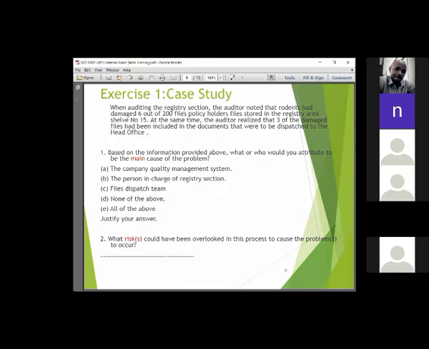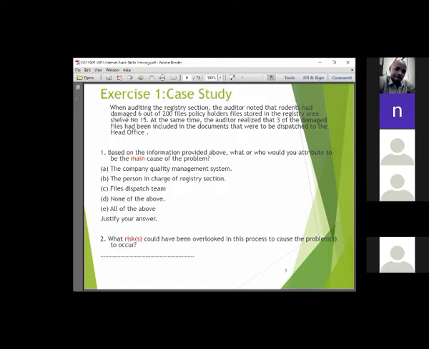Later on, we can zero in and find that here you did not do this and that. But is the system there? And from that question, we are not told about any system that is there. So I know we can debate about it, but A should be the main cause of the problem there, the system. And that's why we need to build very good systems in our companies and in our processes.